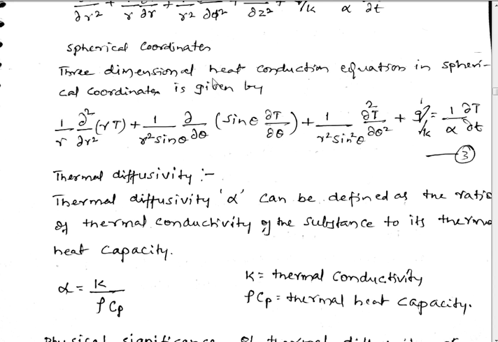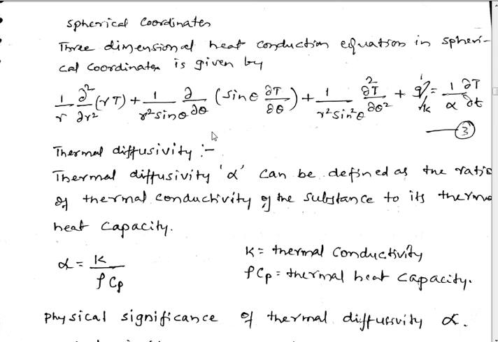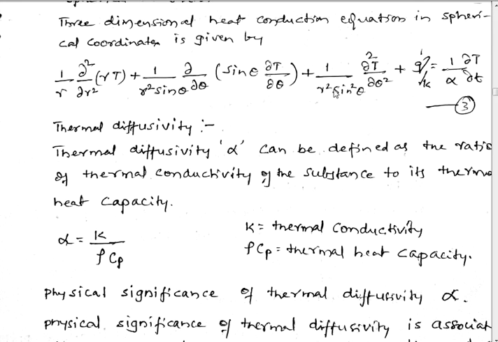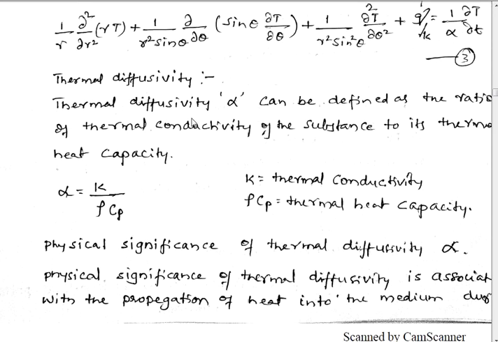For spherical coordinates, the three-dimensional heat conduction equation is given by 1 by r dou square by dou r square of rT plus 1 by r square sin theta dou by dou theta of sin theta dou T by dou theta plus 1 by r square sin square theta dou square T by dou phi square plus q dot by k is equal to 1 by alpha dou T by dou t.